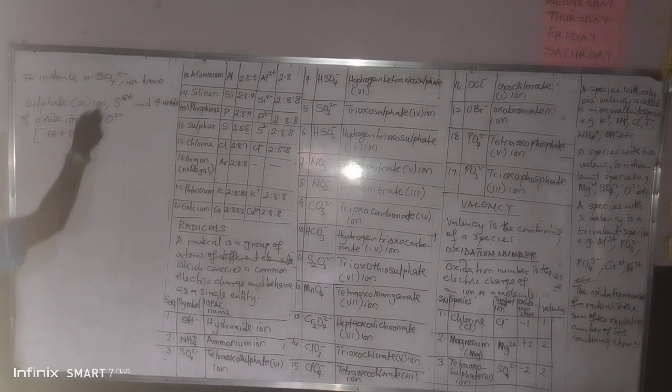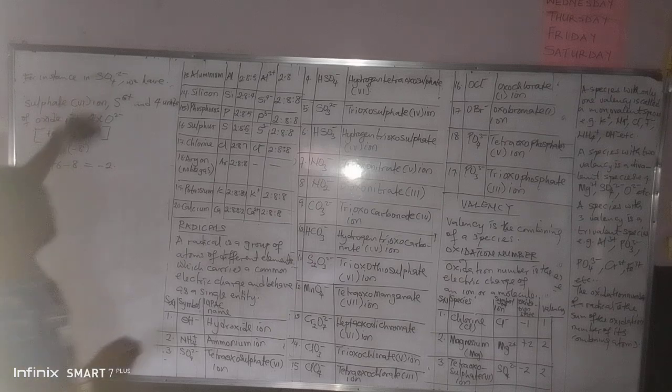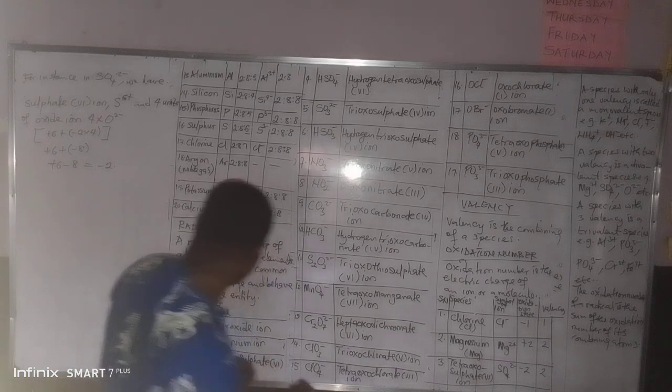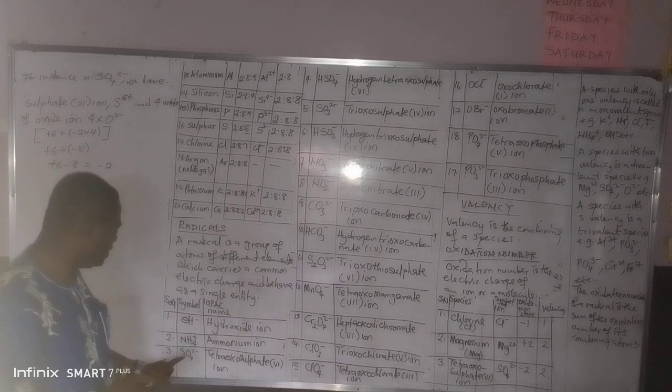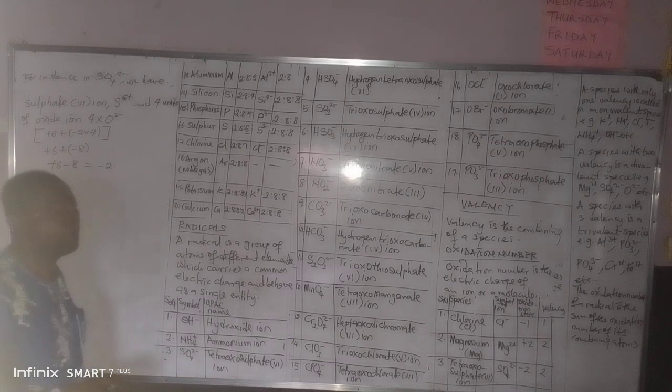Oxygen is minus 2, but in this formula we have 4 of them, so minus 2 times 4 is minus 8. Then plus 6 plus minus 8 is what? Is minus 2. So this minus 2 that the SO4 2 minus ion is carrying is because the two of them have operated together to give that.